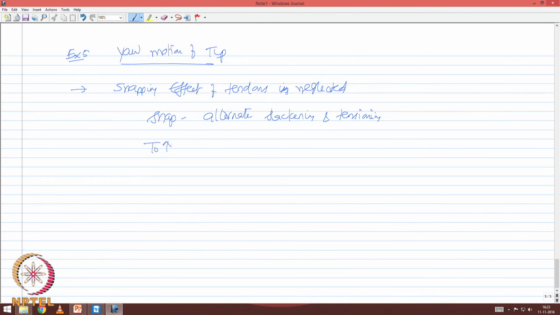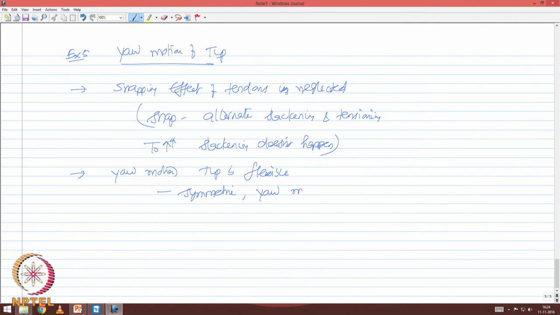Initial T0 is so high that slackening does not happen. We also agree that in yaw motion the TLP is flexible, but the platform is defined symmetric. Hence, yaw motion is highly limited.